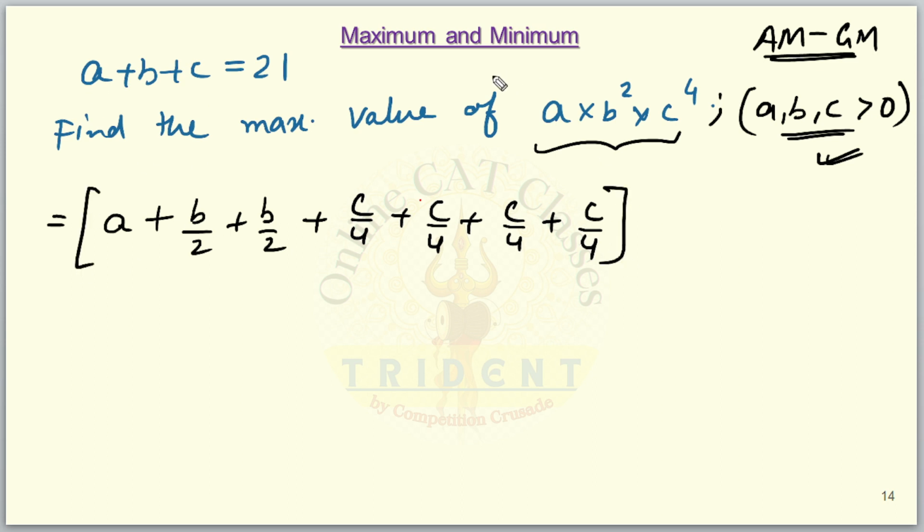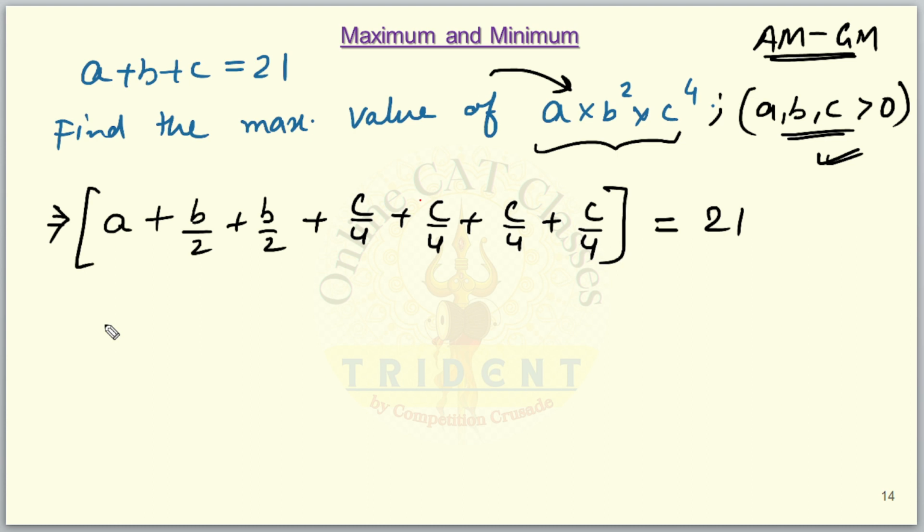Because see, in the product here I have A B square. So if I split B into halves, I will get A B square, but I will also get an extra 1 by 2 from both the sides. But that's fine. Remember this, that this entire expression is equal to 21 that is given to us.